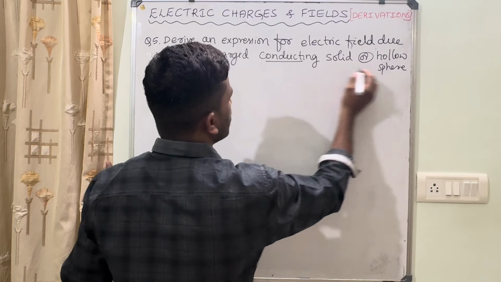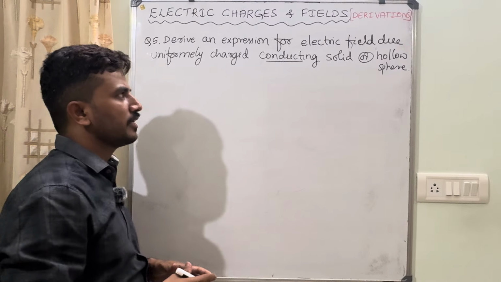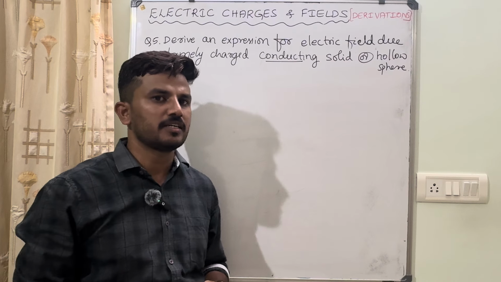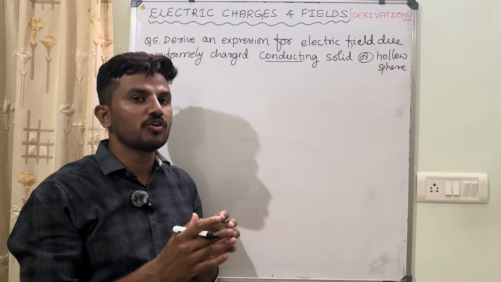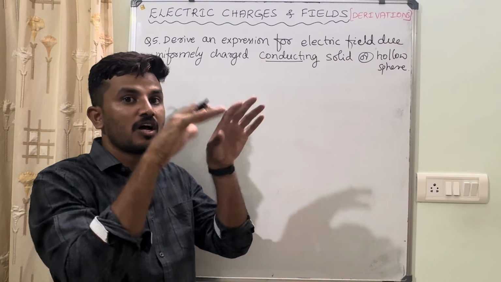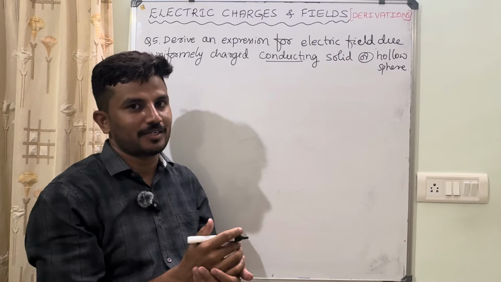The main thing is conducting. Why? If conducting sphere is considered, then the charges, all the extra charges resides outside the sphere, right?